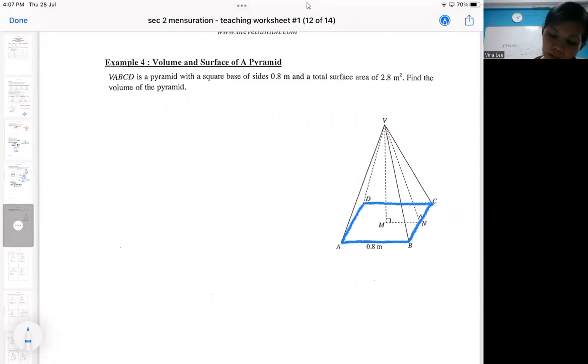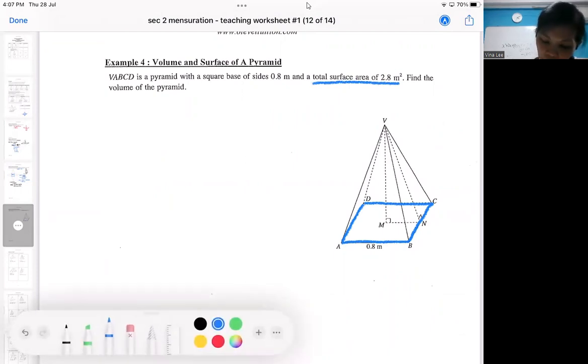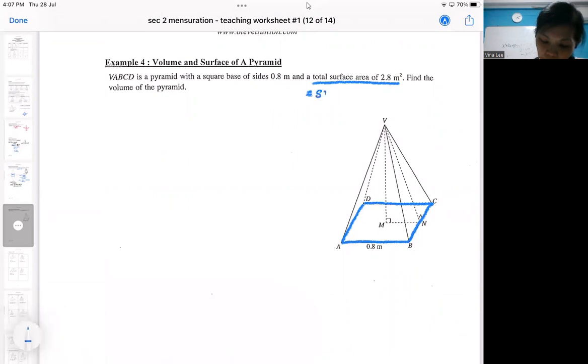And we've got the total surface area. So from the total surface area, again, what do you understand? It will be a square plus 4 triangles. So a square plus 4 triangles actually add up to 2.8.